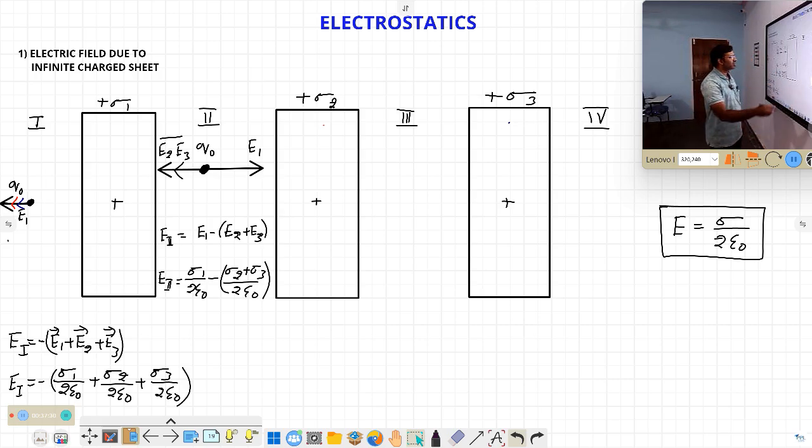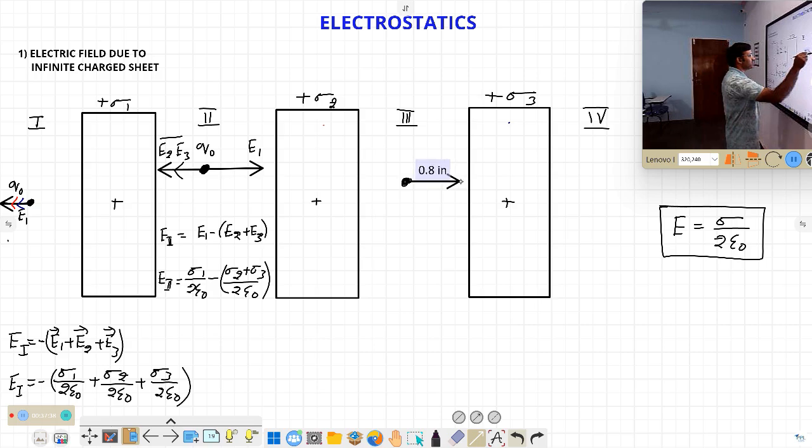Similarly, what is the electric field in the third region? If you come across the case of the third region, the electric field intensity in the third region due to the first plate repels the charge in this direction, and the second plate also repels the charge in the same direction. Yes or no? Both are the same. But the third one repels the charge in this direction. So in this case, E1 and E2 are in the right side direction and E3 is in the opposite direction. So the electric field intensity in the third region, what can I write?